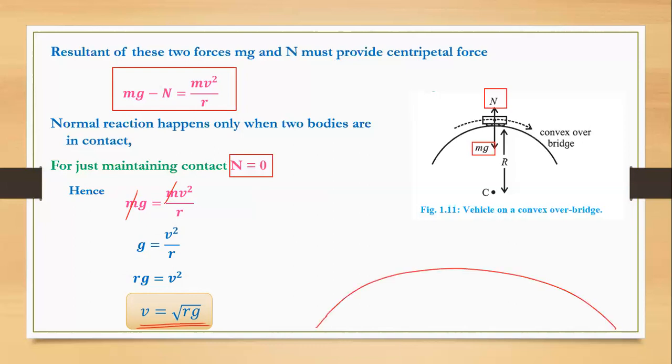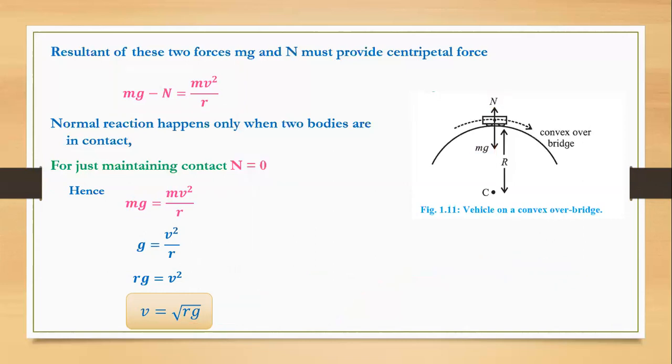When the vehicle moves with a larger speed, it may jump from the speed breaker. But to maintain contact, the minimum speed necessary on this type of surface is v is equal to root rg. If the speed is greater than this, then the vehicle jumps. It loses contact with the surface.